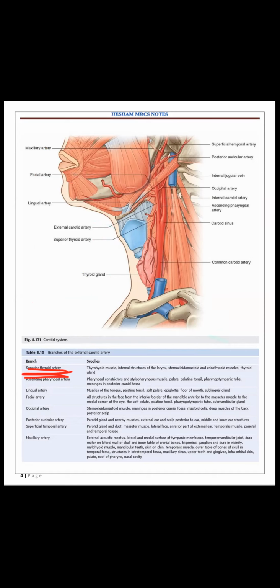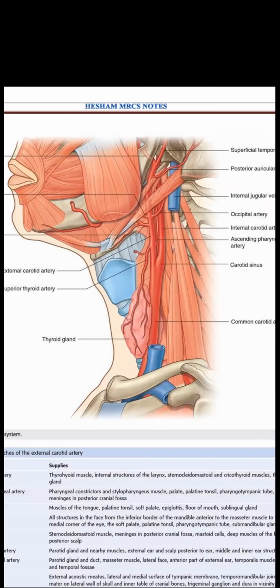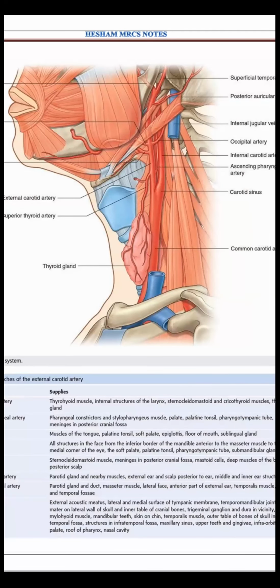Then you have another artery, which is ascending pharyngeal artery. This is for supply of the pharynx. Also, it supplies tonsils and palate. The lingual artery. This artery, as it passes here, I will try to zoom on it. As you see, this is the lingual artery.